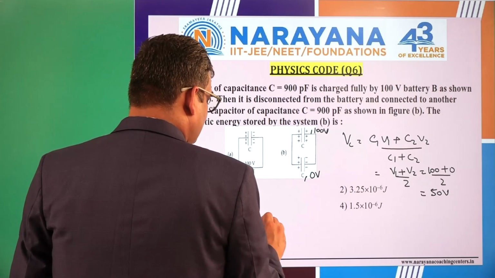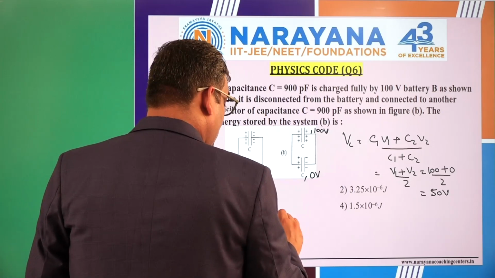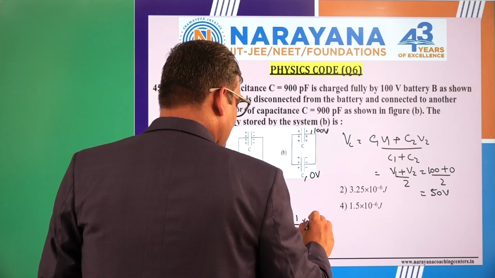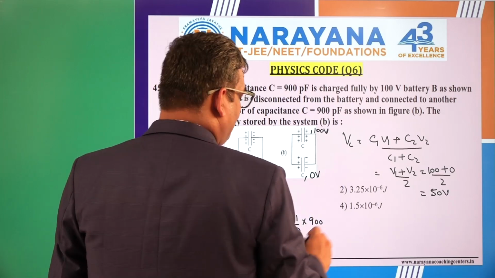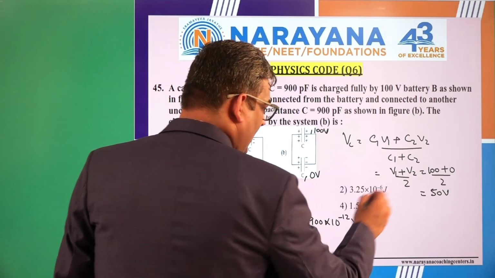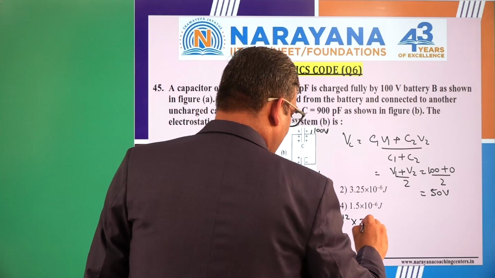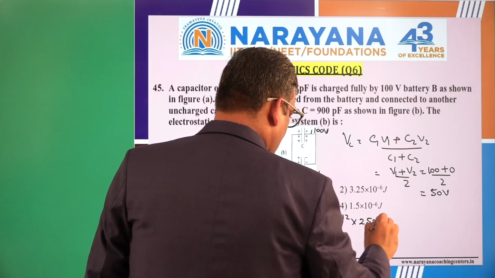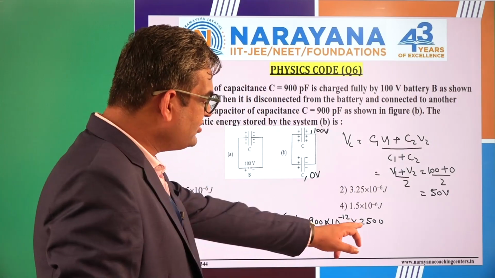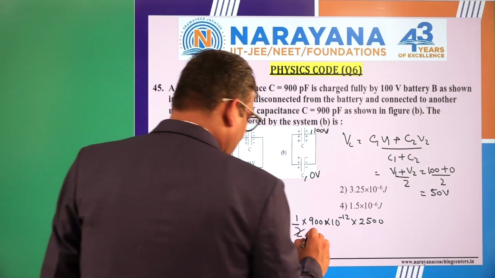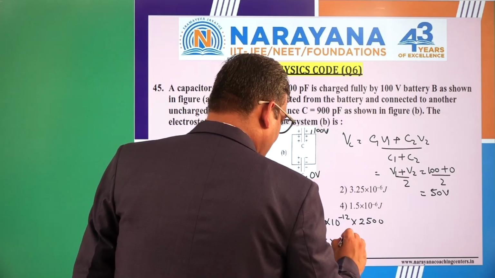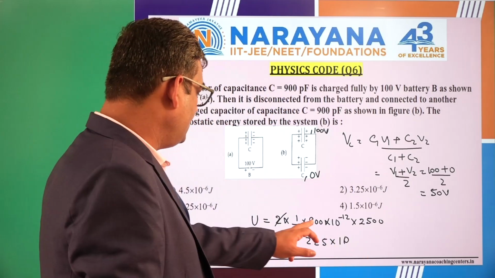So the energy stored in the two capacitors can be written as twice of, because there are two capacitors, half C, 900 picofarad, multiplied with V square, which is simply 2500. So this 2 will get cancelled. 9 multiplied with 25 is going to be 225 multiplied with 10 raised to power 100.